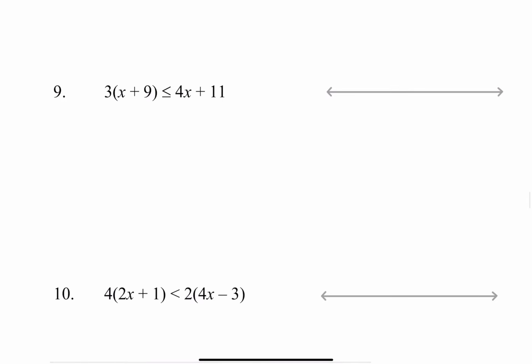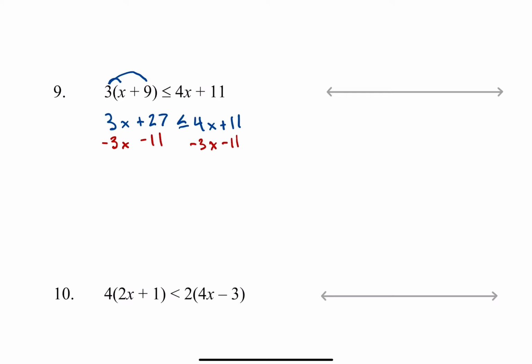Okay, in the case of number 9, I need to first distribute the 3 to get 3x plus 27 is less than or equal to 4x plus 11. So I'm going to subtract 3x from both sides in order to keep the x's positive. At the same time, I'll subtract 11 from both sides.